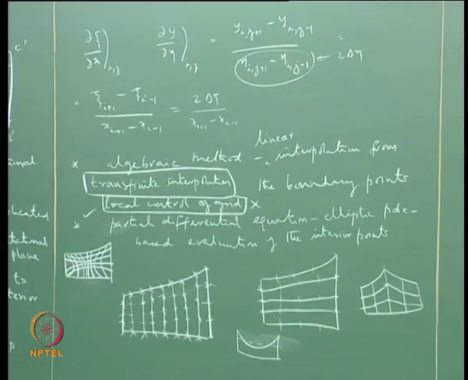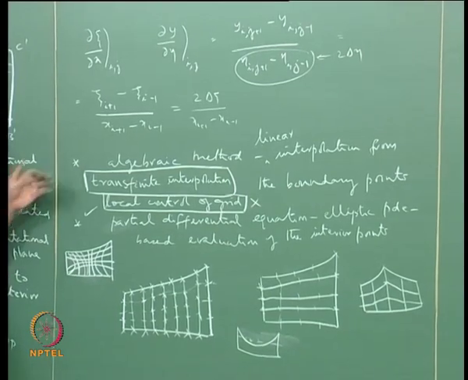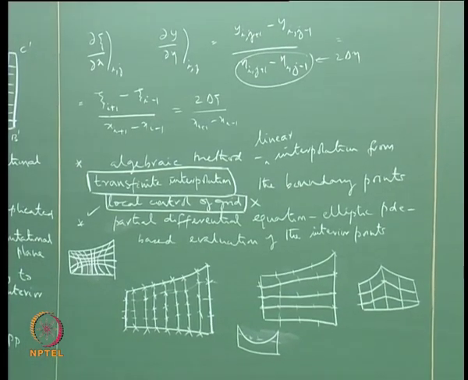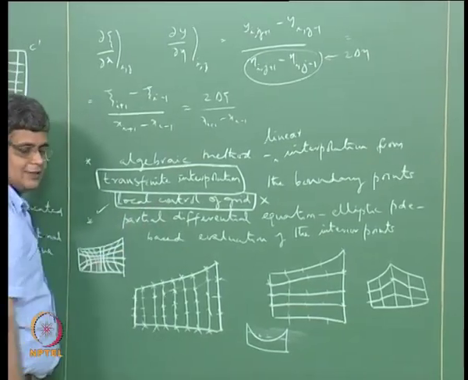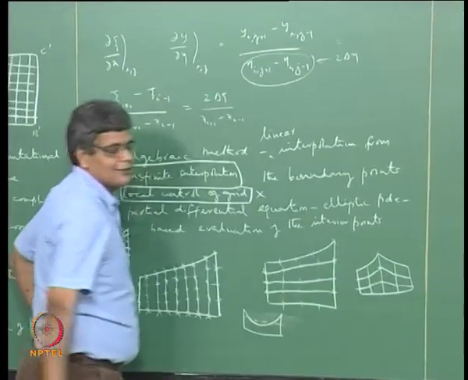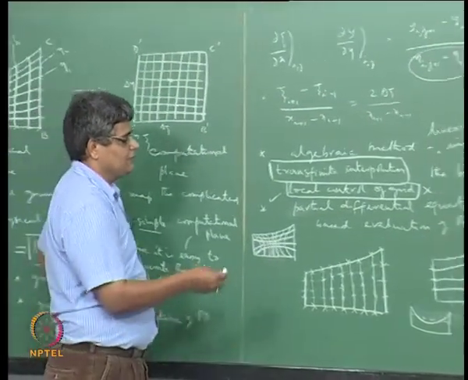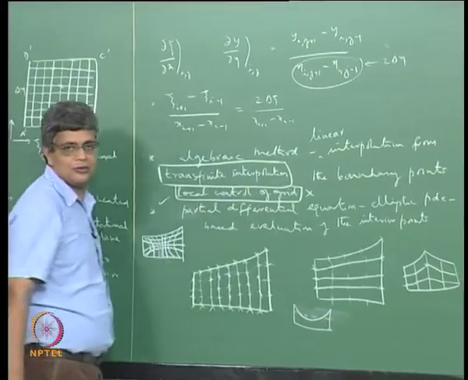So that sort of control over the local grid density, grid size, is not available in the case of the algebraic method. Both the disadvantages of the algebraic method, namely local control over the grid size and smoothness of the interior coordinate lines, are possible if you use a partial differential equation approach.